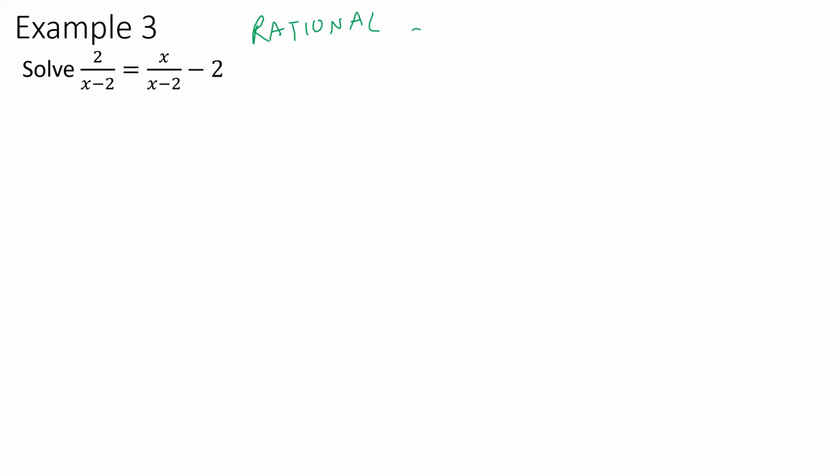I want to clear fractions. Now, I note that the LCD is the quantity x minus 2. But before I clear fractions, I also want to note that since this is a rational equation and there's a variable in the denominator, I have lost control over what quantity is in the denominator, and I run the risk of the denominator equaling 0.